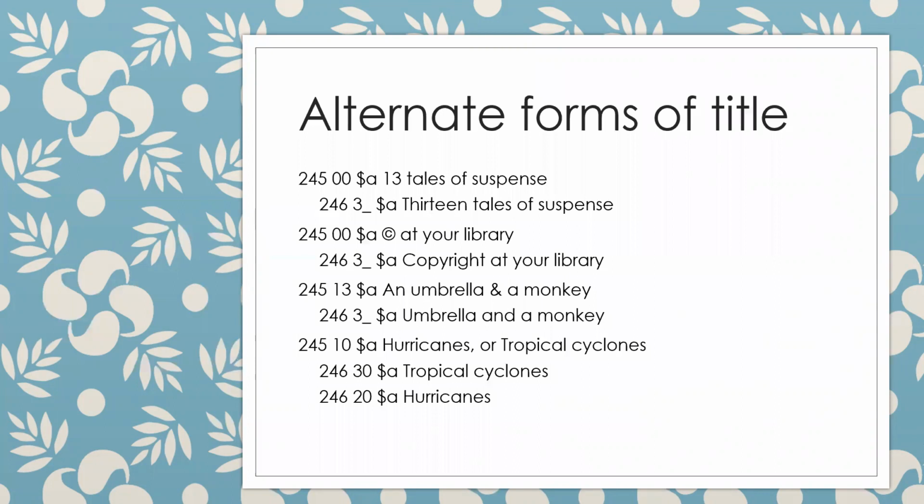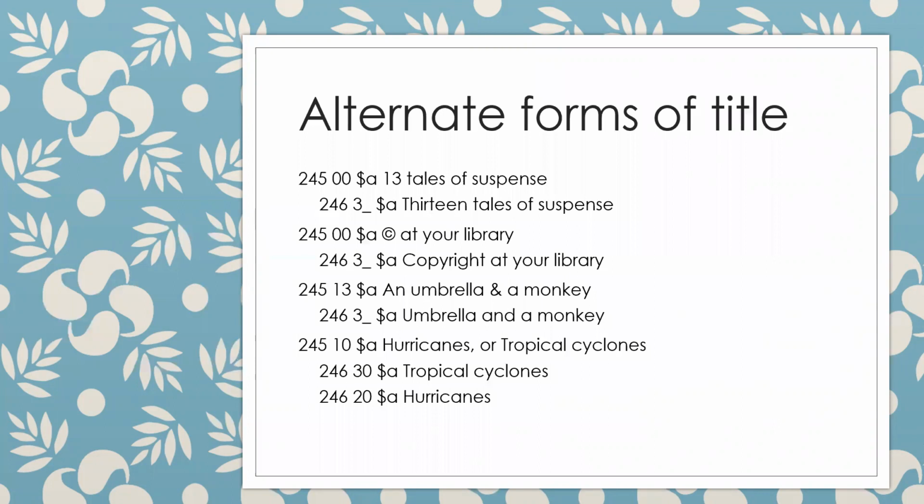There's a question from Jane Z. What is the 5 words or less rule you mentioned? And that's going back to this hurricanes or tropical cyclones example. It's just when a portion consists of less than 5 words, then you're providing access to both of those portions of the title.